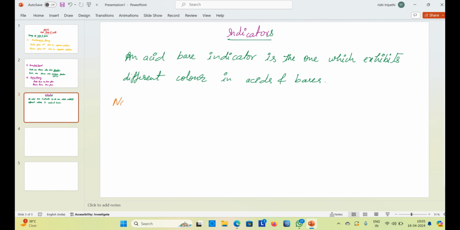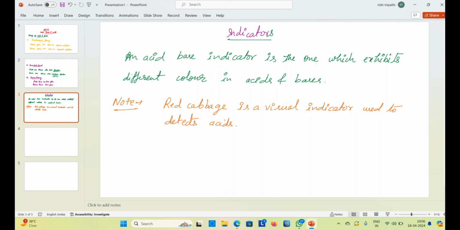After that, you can note down one thing. Red cabbage is a visual indicator used to detect acids. Onions are olfactory indicators.